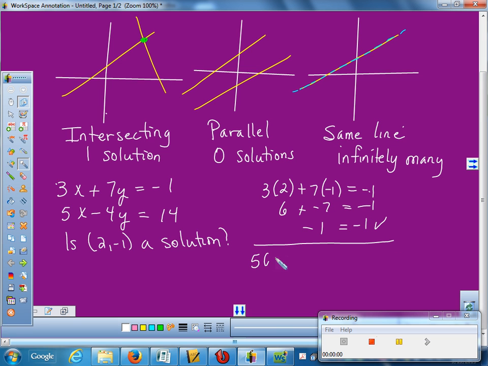Still putting in 2 for x and negative 1 for y, I will get 10 plus 4, and hey wow, 14 also checks. So is it a solution, or not? Yes, it's a solution. Woohoo! Okay, was that amazingly difficult? Blew your minds with that one.